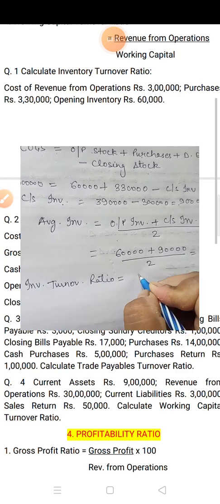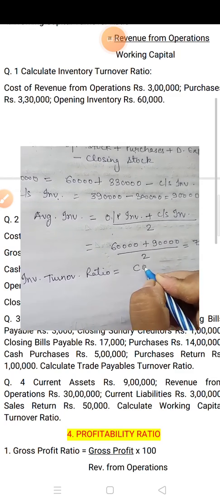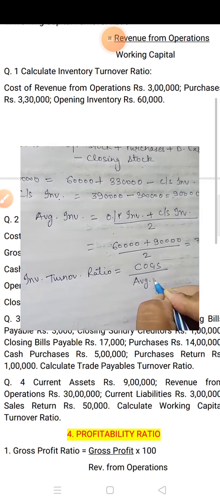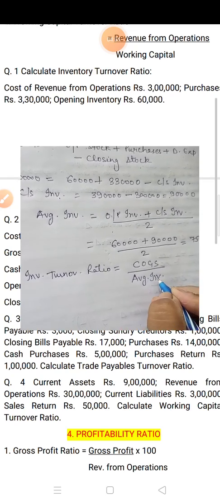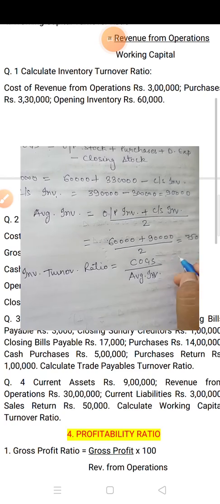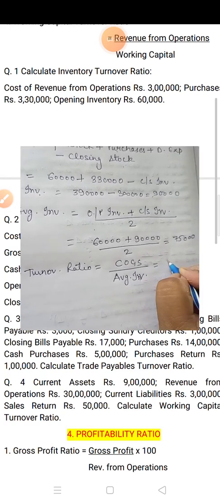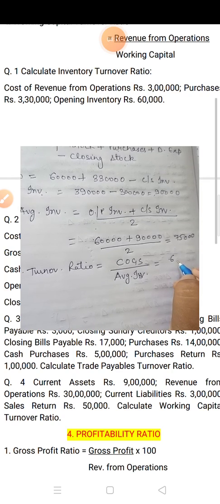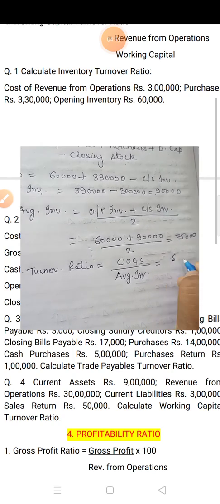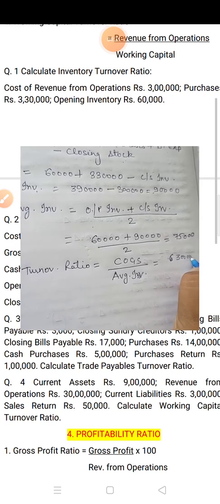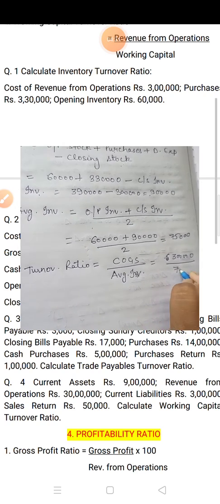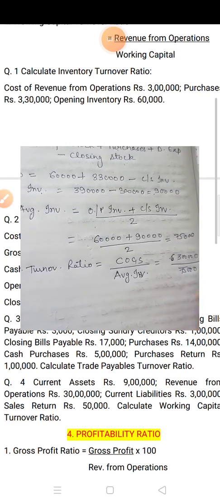Inventory turnover ratio is equal to cost of goods sold upon average inventory. So put the values. COGS value is given, it is 3 lakh, upon average inventory value 75,000.